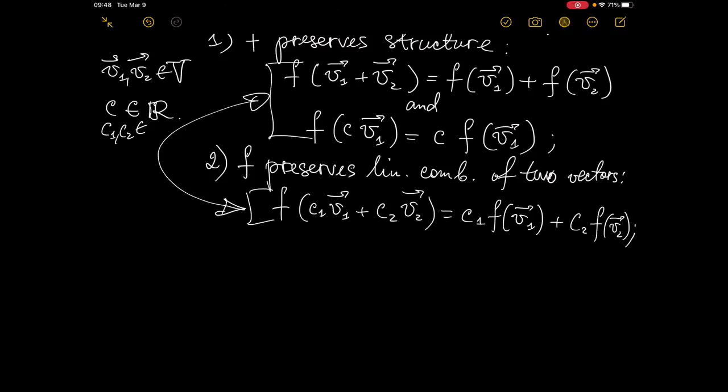So either these two statements, or this one statement. So this I already have shown before. Statement 3: F preserves linear combination of any finite number of vectors.